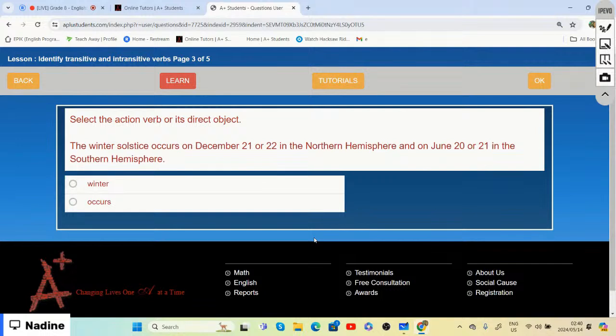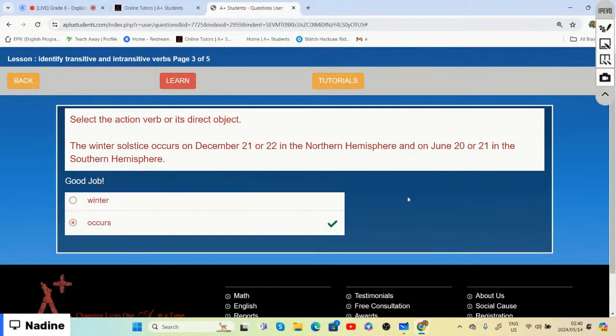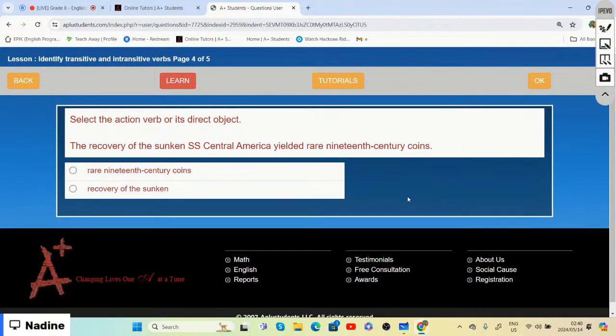So our winter solstice occurs on December 21 or 22 in the northern hemisphere and on June 20 or 21.